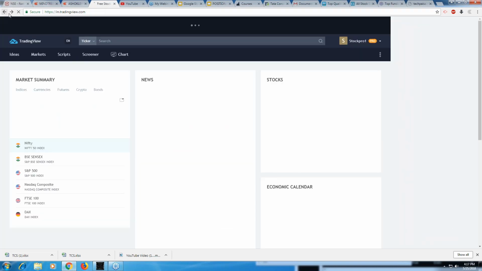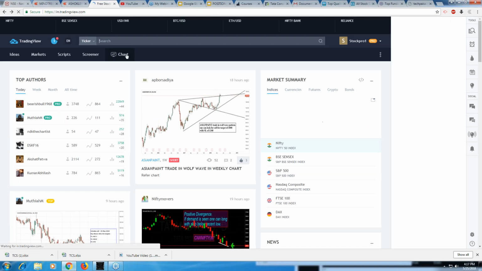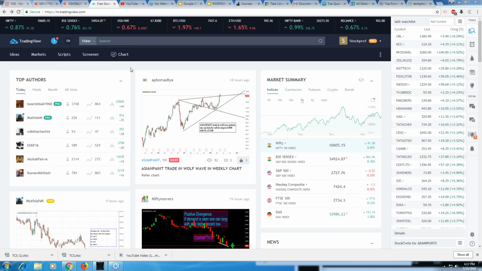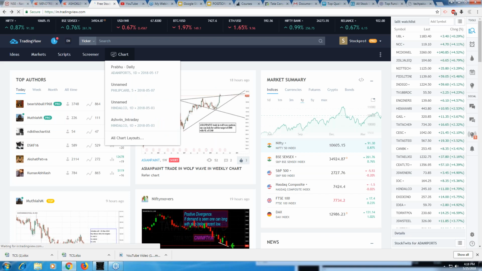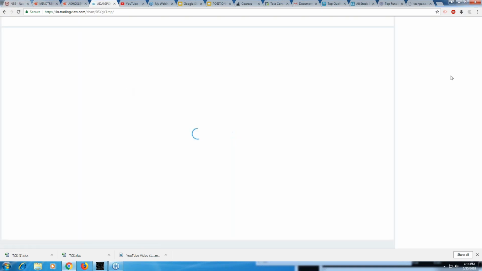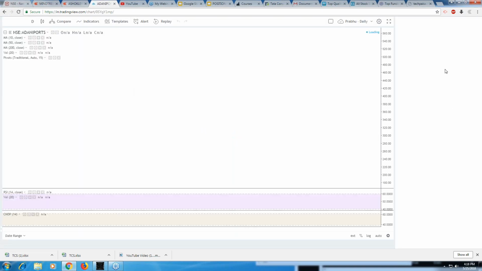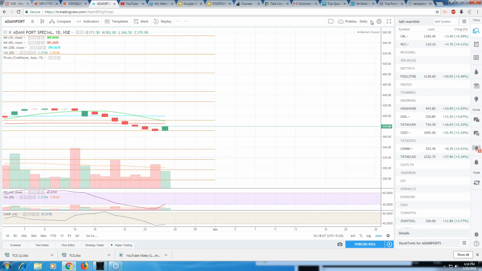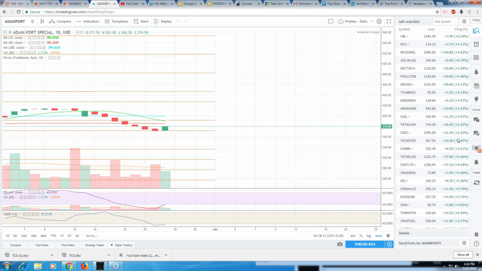Tradingview.com is a very, very nice website. It gives you real-time data, and you go to the chart, and here on the right-hand side you can see over here, it's a little expensive website.